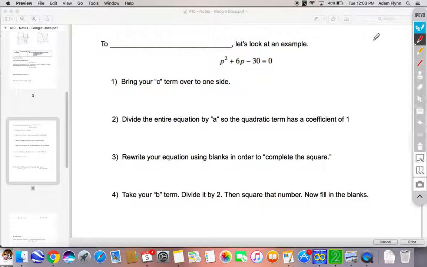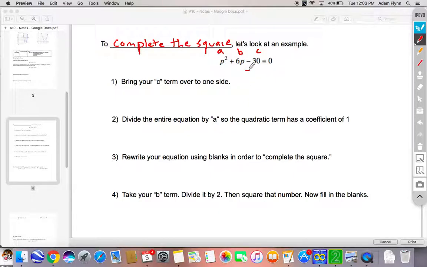Okay, so to complete the square, our first strategy, let's use our same example. Remember that we have this standard form, so we've got A, B, and C. Our first step is going to be to bring our C term over to one side.